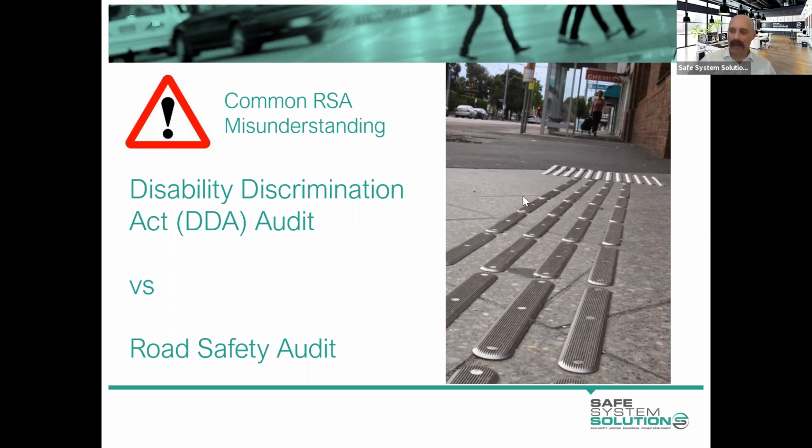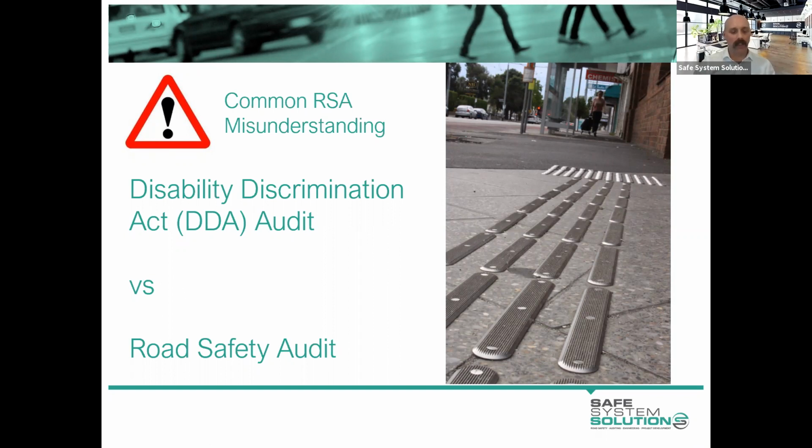And it has things like the tactile ground surface indicators and different requirements on grade ramps and handrail heights and all of this sort of stuff. And that's well beyond what a road safety audit does. We're not checking into all of that stuff.